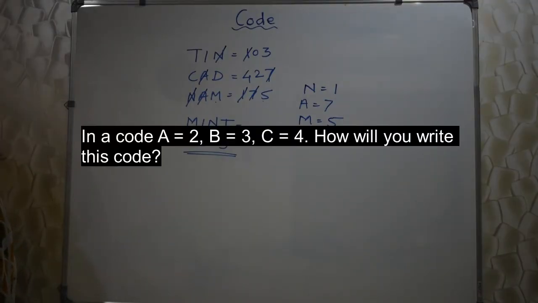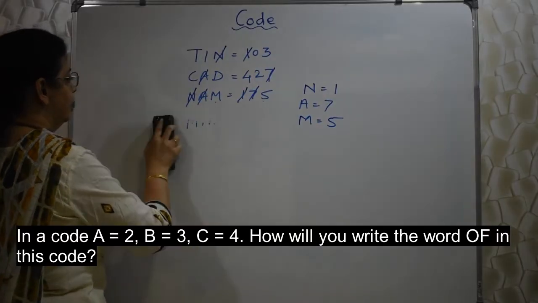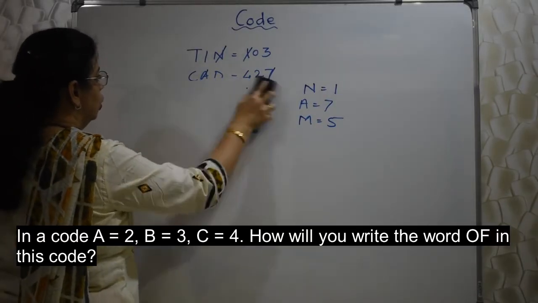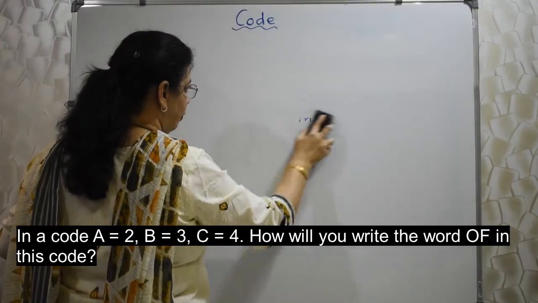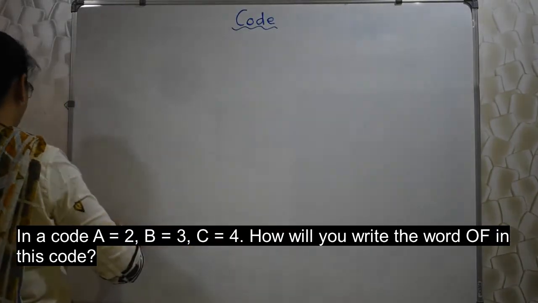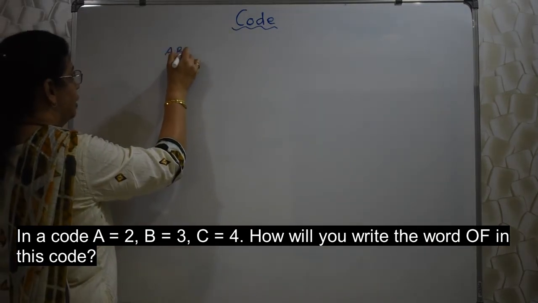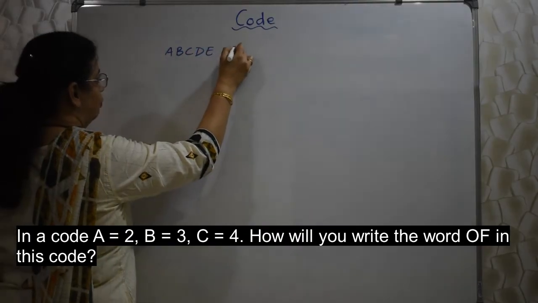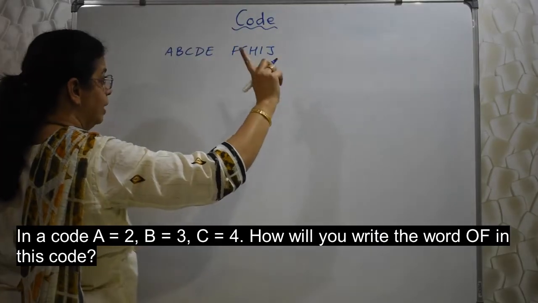In a code A is equal to 2, B is equal to 3, C is equal to 4, how will you write the word OF in this code? Okay, very interesting. Students, you must have started practicing IT subject. Definitely, I know that. So you must have observed they write like this: A, B, C, D, E, F, G, H, I, J, like that up to Y. Z is not there.